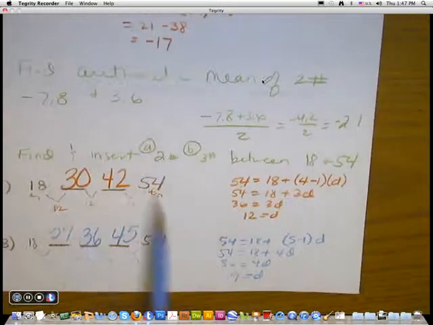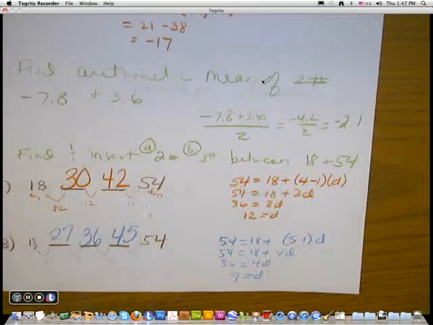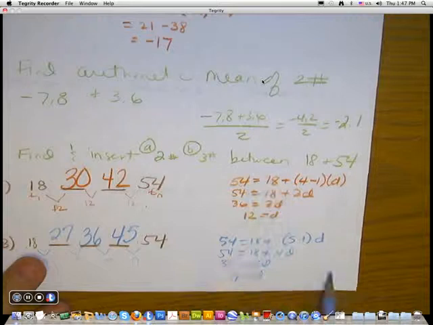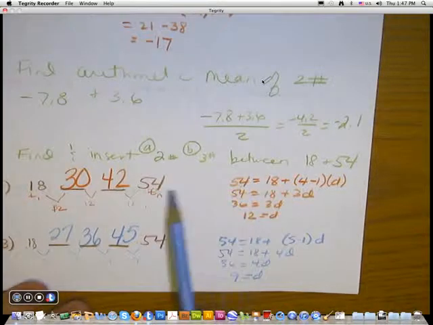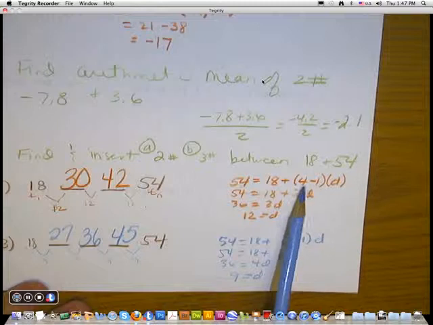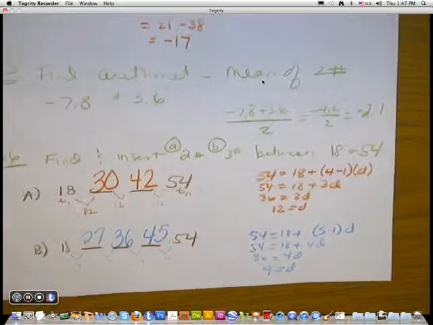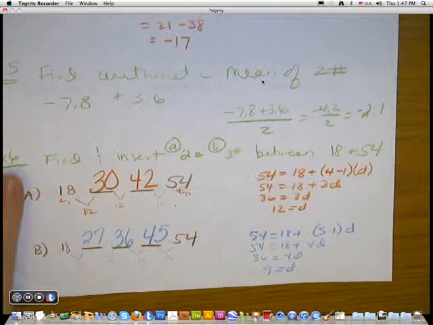So that's what it means to put 2 or 3 numbers in between, and you will be asked to do that, and this is the work for it. You have to set the last number, and then that position number is your n. Solve it down for the d. And that's going to be 11.2, your arithmetic sequences.